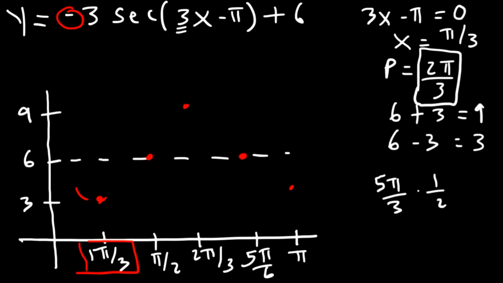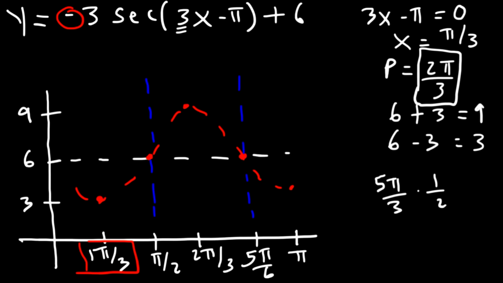So let's draw a graph with dashed lines. Next, let's draw the vertical asymptotes. So everywhere it touches the midline, that's where we're going to put the vertical asymptotes. And we're just going to draw only one cycle.